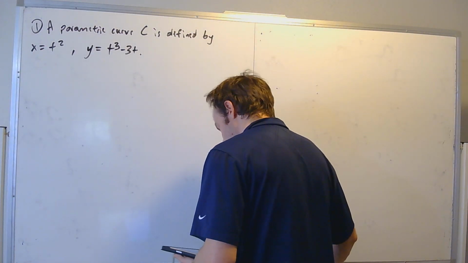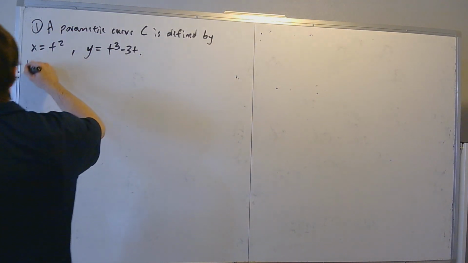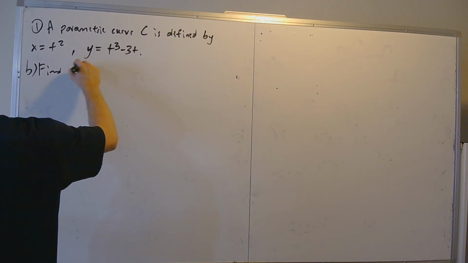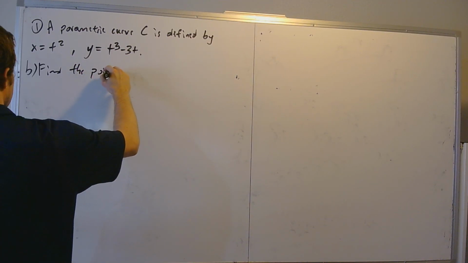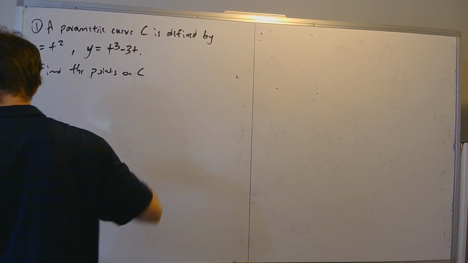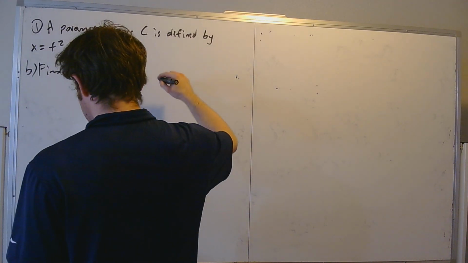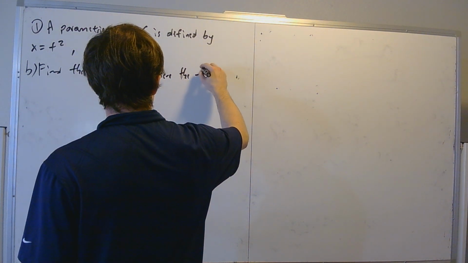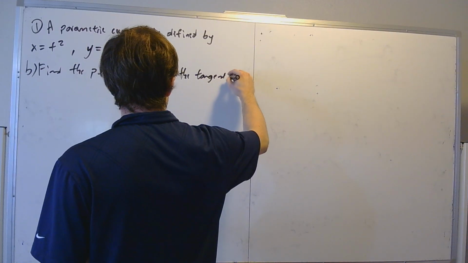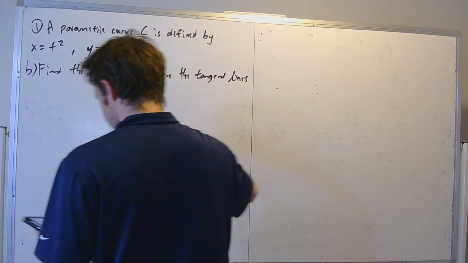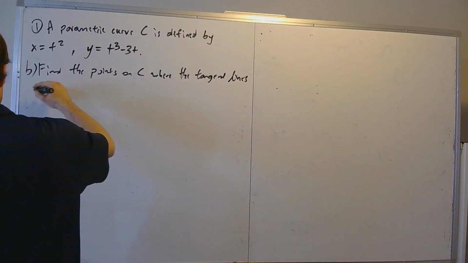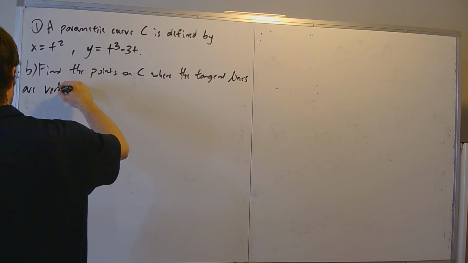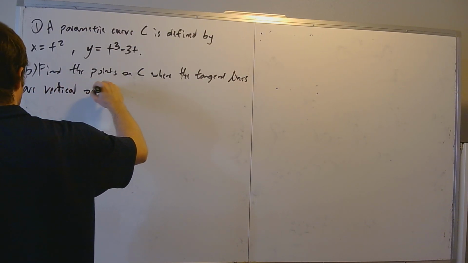Now part B is going to say, find the points on C where the tangent lines are vertical or horizontal.